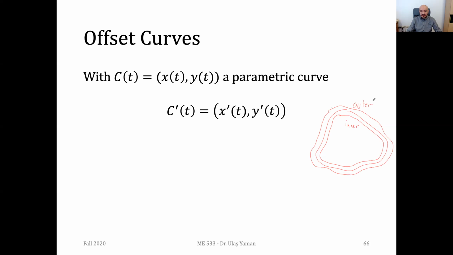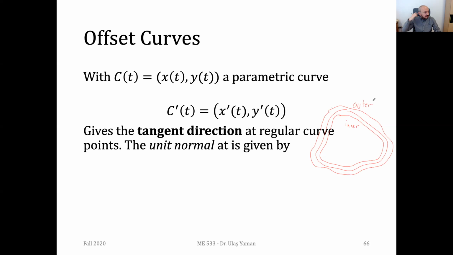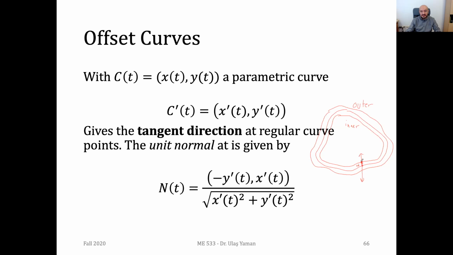Again, you can do it in a parametric way. This is actually obtaining the tangent. Once you obtain a tangent, then you can determine the normal. This is the original curve. If you define the normal, and then move on that normal a little bit, assume a distance like d, then you will obtain a value on this inner offset.